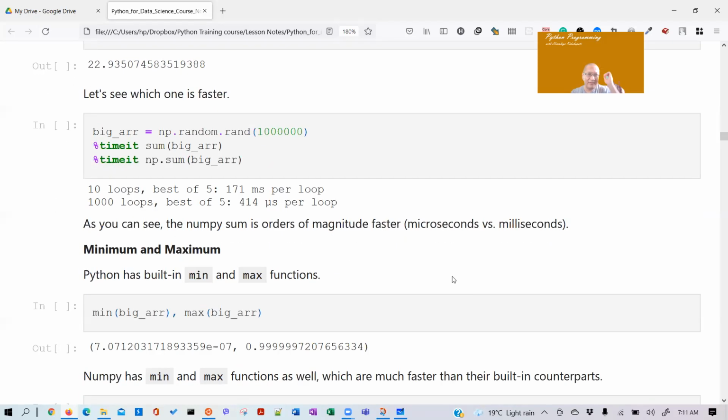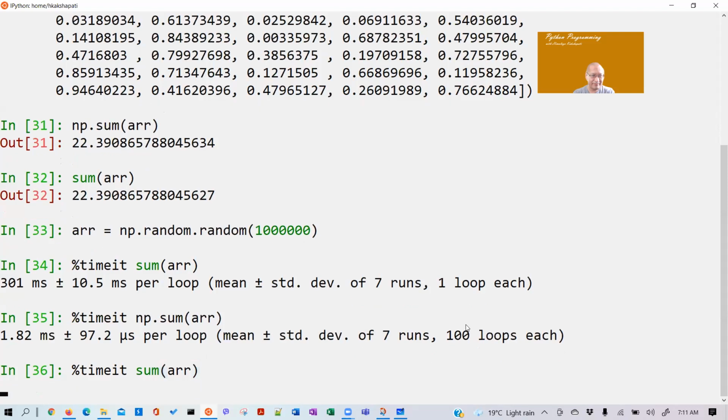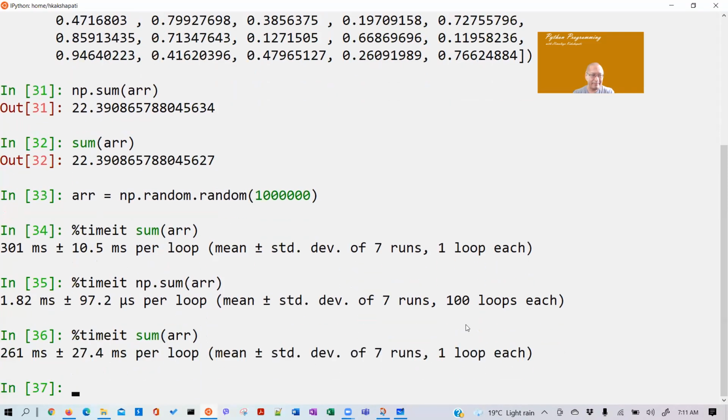Let's try again. We got 61 milliseconds.